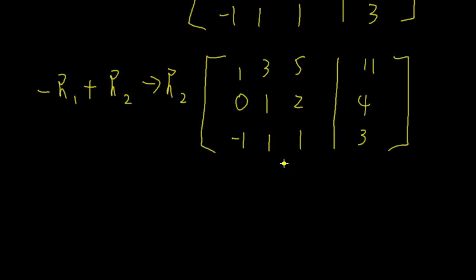Now, let's see here. We have 1, 1, 1 here, but we still have 3, 5, 2, negative 1, and 1 here. But let's try to reduce it as much as we can. We know that this is a 2 here, right? So if I multiply this one by negative 3, I will get negative 6.